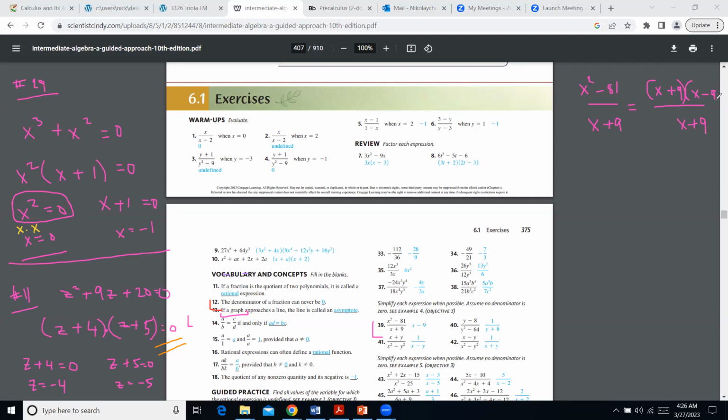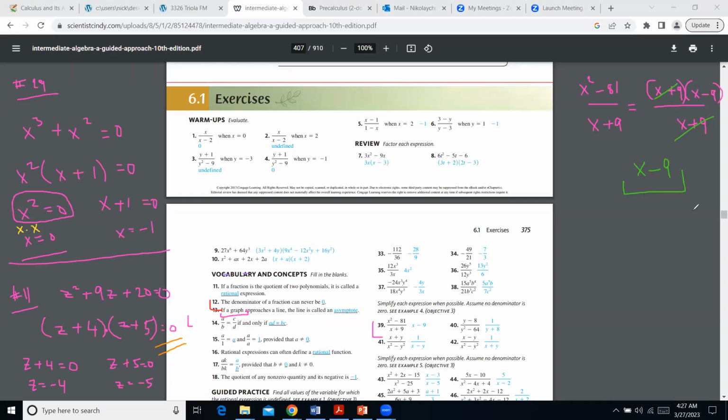So it could be factored as x plus 9 multiplied by x minus 9. And this way I can cancel this same exact factor which appears on the top and the bottom. So x minus 9 will be the remaining piece for the answer.